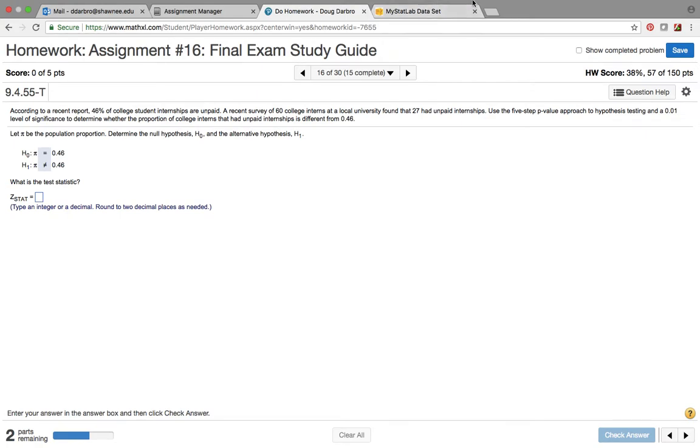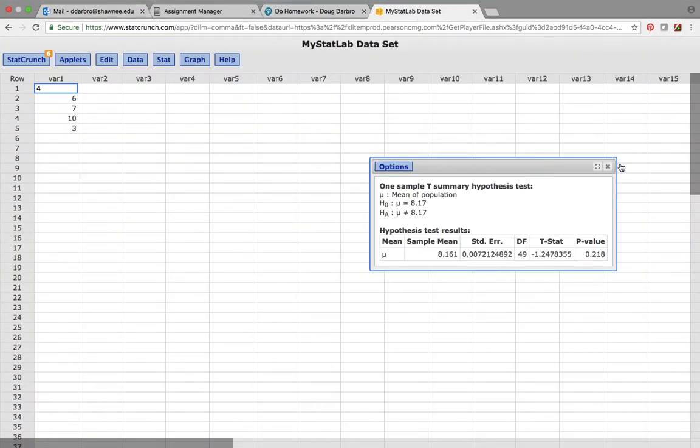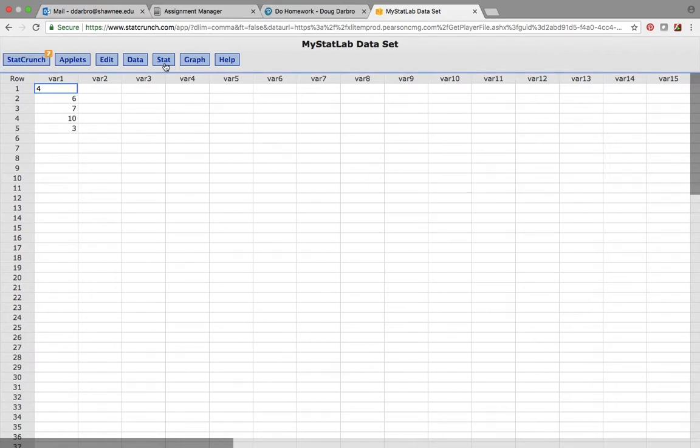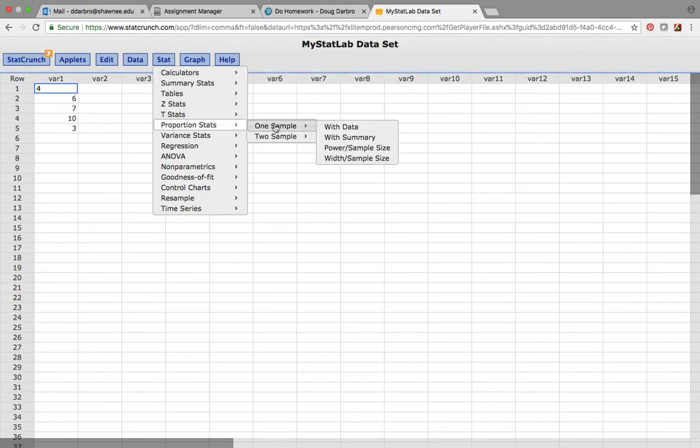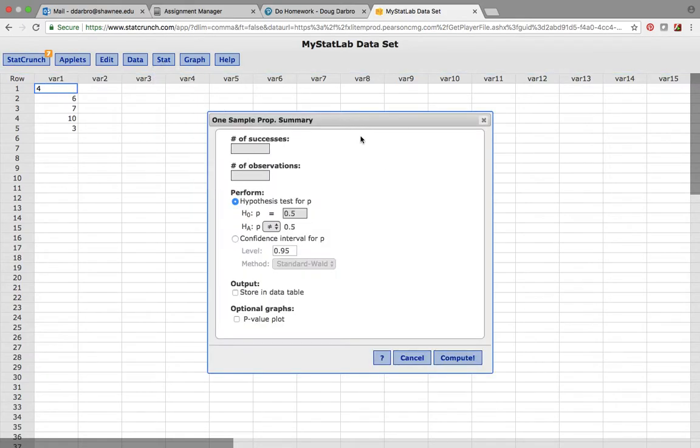This is going to be pretty easy. Go to Stat, go to Proportion Stat, One Sample with Summary. We have 27 out of 60, and we have 0.46, not equal to 0.46.